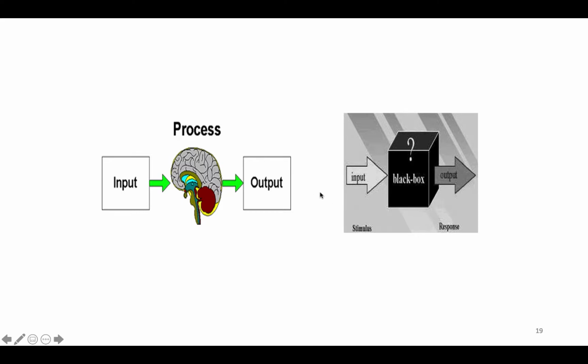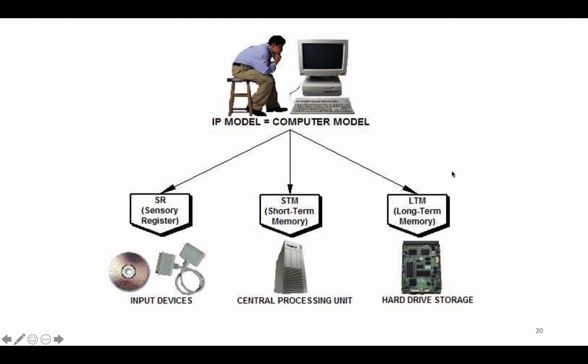So in a computer, data is input, a black box, which may be the CPU, and then output comes out. The computer model has a sensory register, the input device, and then short-term memory, the central processing unit, CPU, and then long-term memory, hard drive storage. So the computer system is pretty much analogous to the cognitive process of a human being.